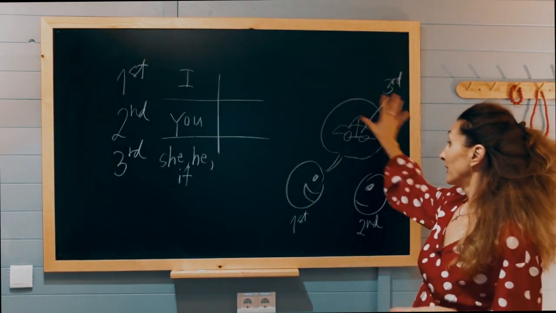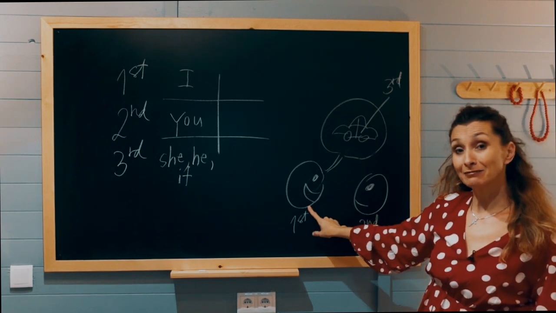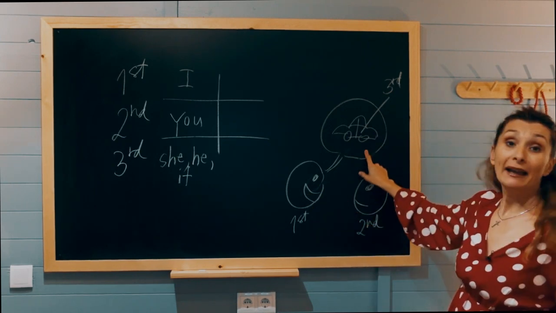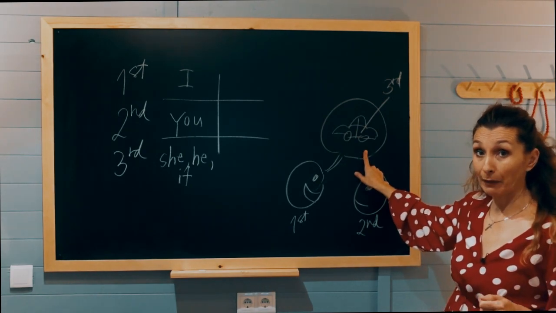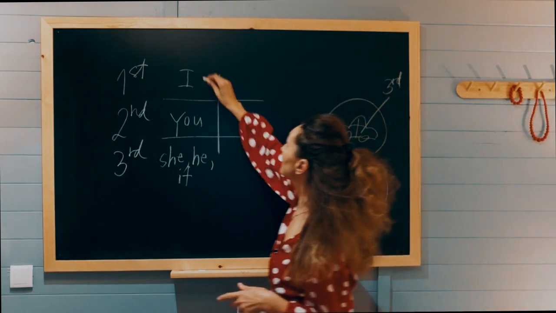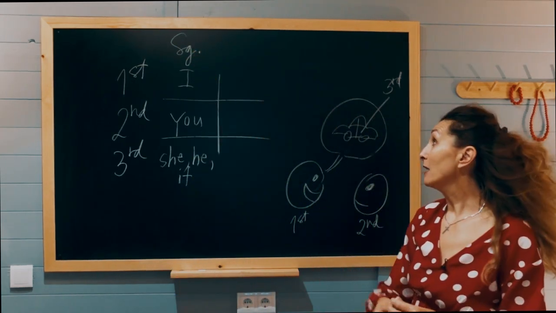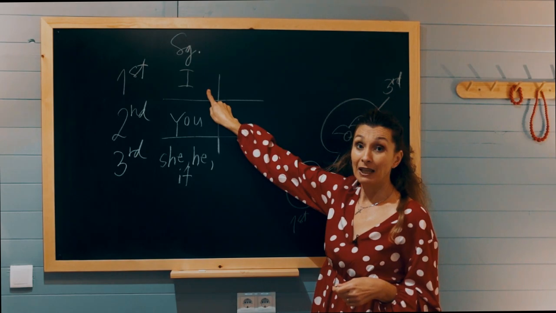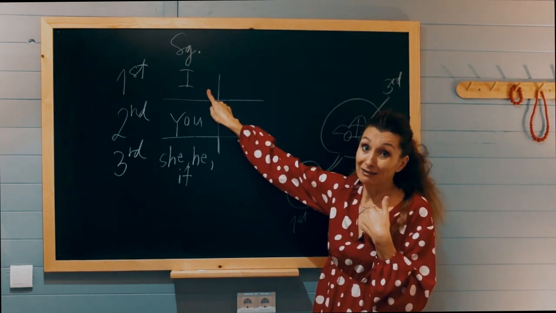Now, in this setup, we have one speaker, one listener, and one subject, okay? One thing that we are talking about. So this is singular, okay? So I is the first person, singular, because I'm one, I'm unique.